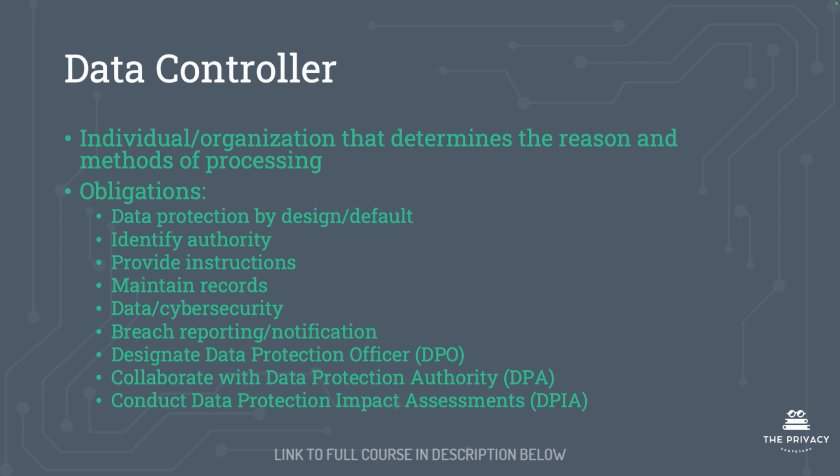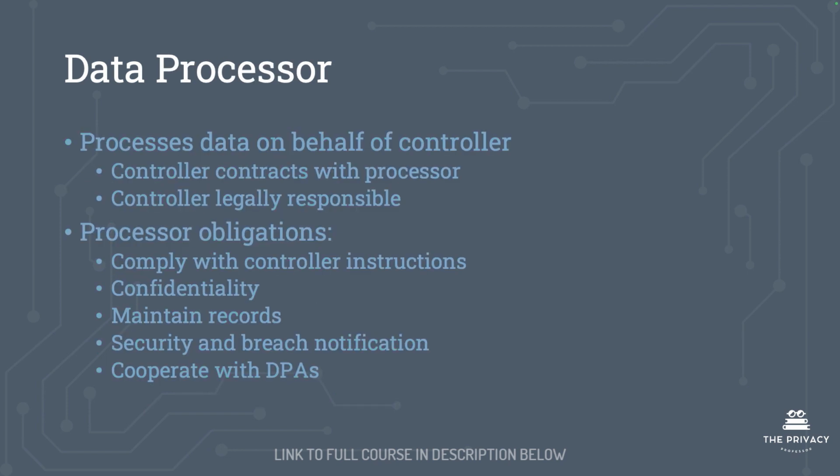They must also collaborate with data protection authorities and conduct data protection impact assessments, or DPIA. In contrast to a data controller, a data processor is an individual or organization that processes data on behalf of the controller. It's important to understand that the controller contracts with the processor, and the controller is legally responsible. Data processors also have obligations.